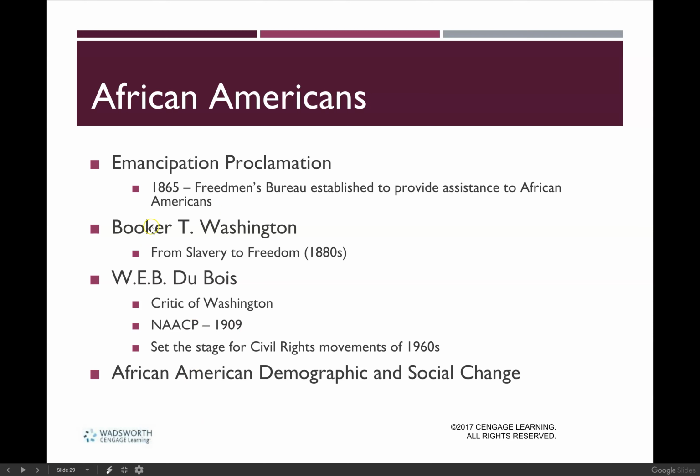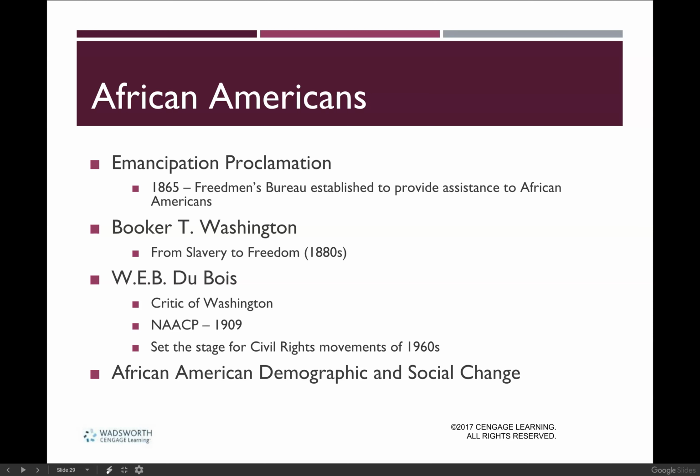Booker T. Washington was in the 1880s, and he was about showing people how to move from slavery to freedom. Then we have W.E.B. Du Bois, not French. He was a critic of Washington.